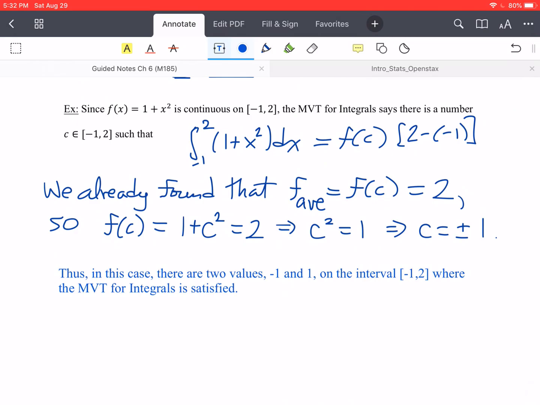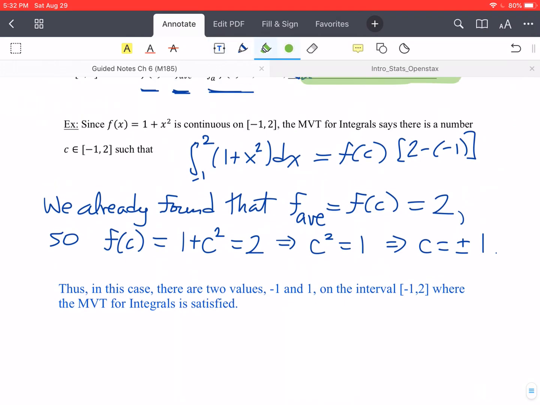So there are two values for c, +1 and -1, where the mean value theorem for integrals is satisfied. So it has this relationship here.